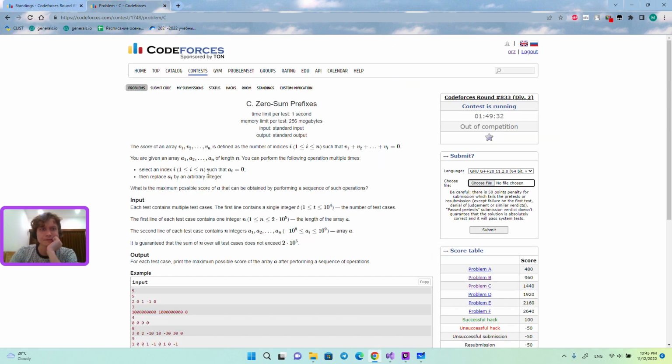A bit slow though. A score of an array is defined as the number of indices such that the sum of this prefix is 0. You're given an array of length n, and we can replace zeros with any numbers. What is the maximum possible score of A that can be obtained by performing a sequence of such operations?